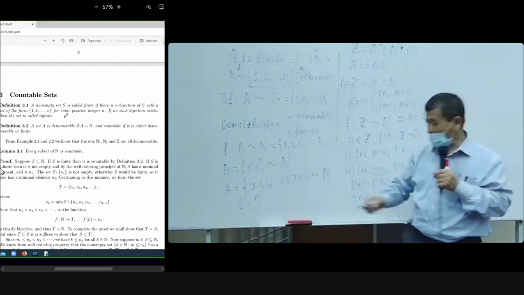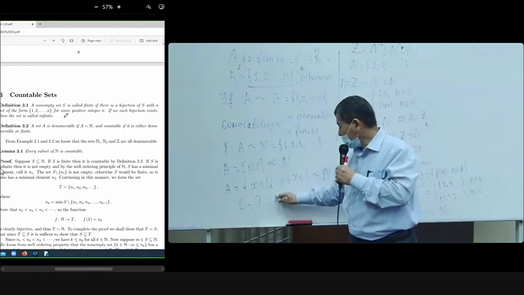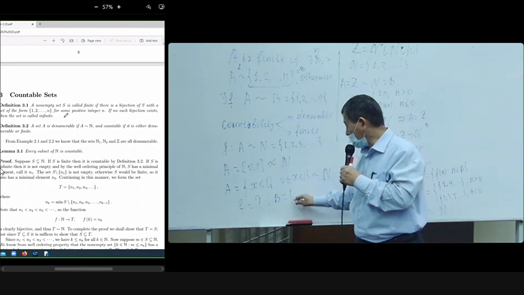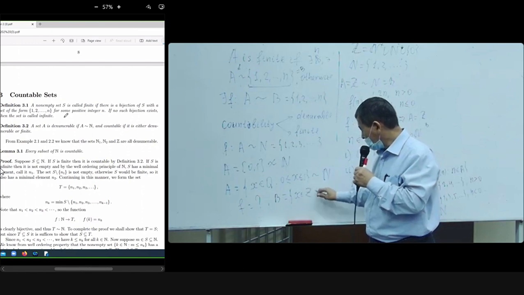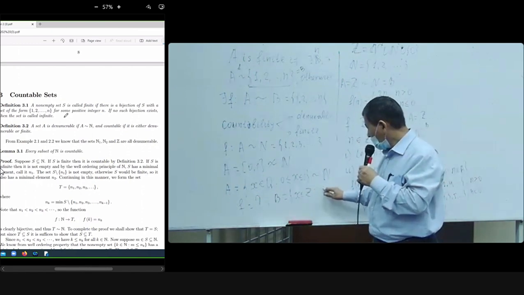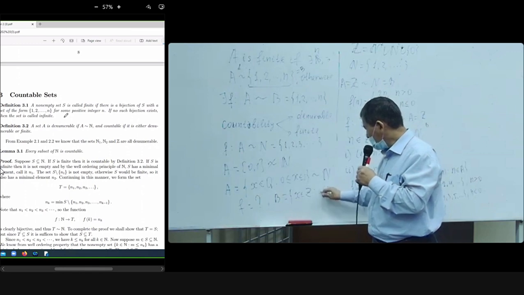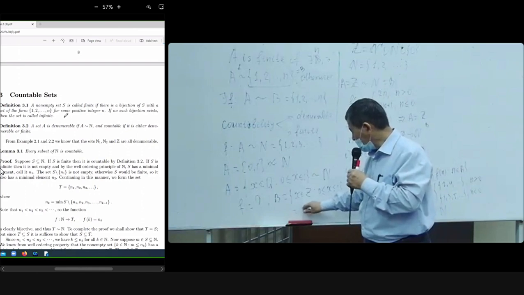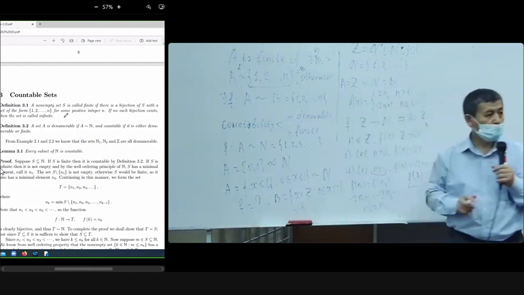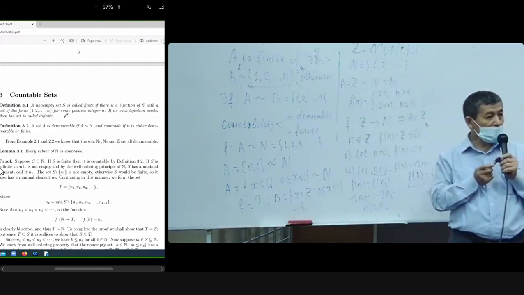Here is a small example. If I take x belonging to the Z such that x belongs to (0, 1), how many elements does this set have?